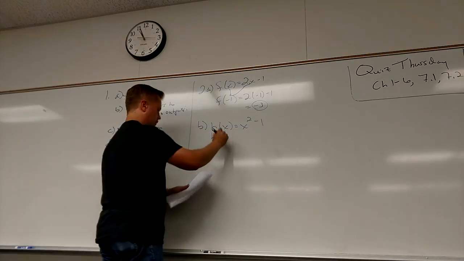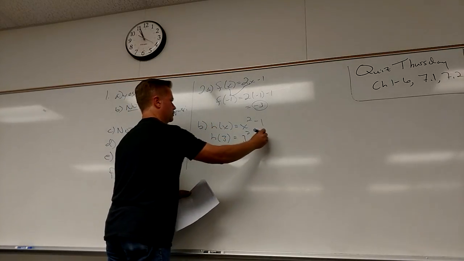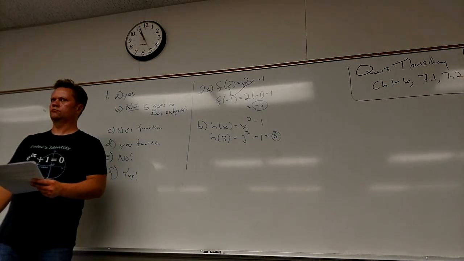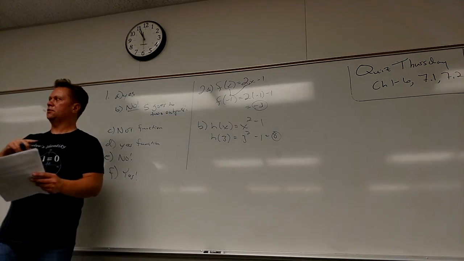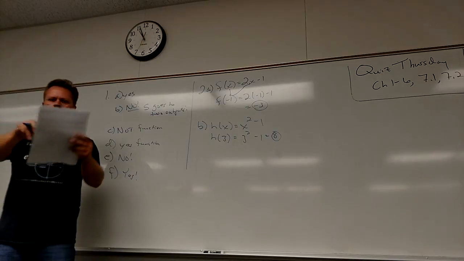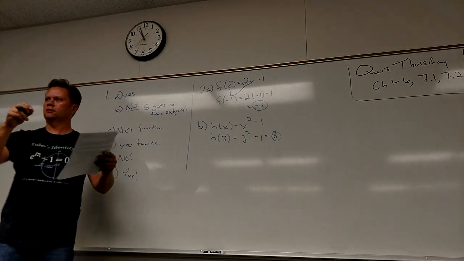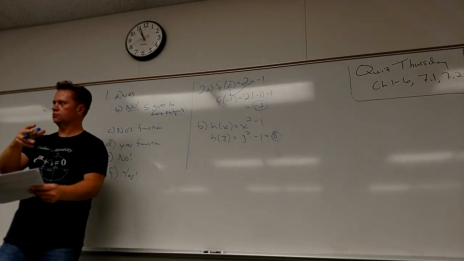So h of 3 is 3 squared minus 1. Is that cool? Some of you forgot, make sure you get the whole function. There is a minus 1 in h, right? I think your brain sees the x squared and goes, all right, but there's a minus 1 there too.